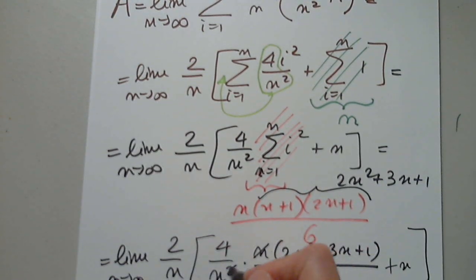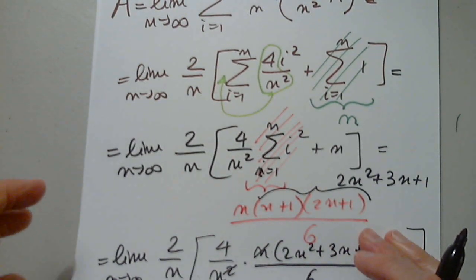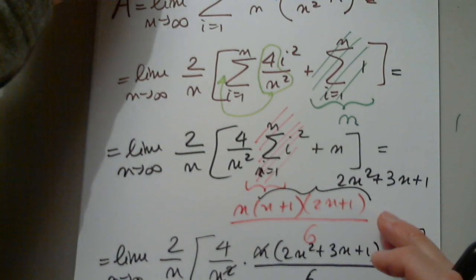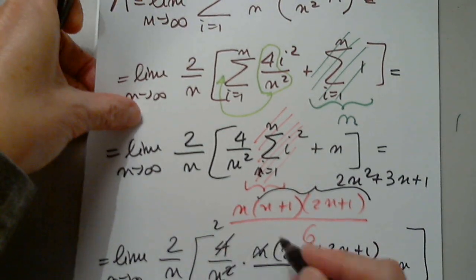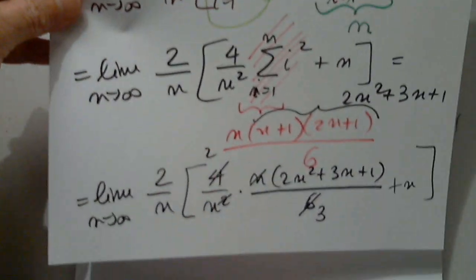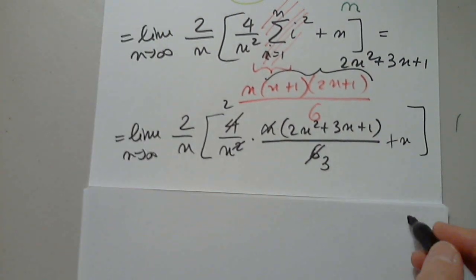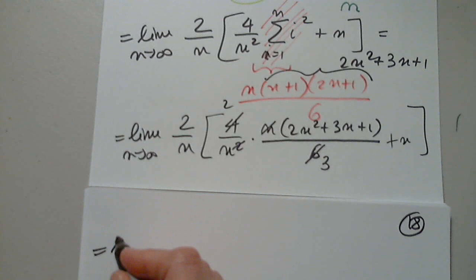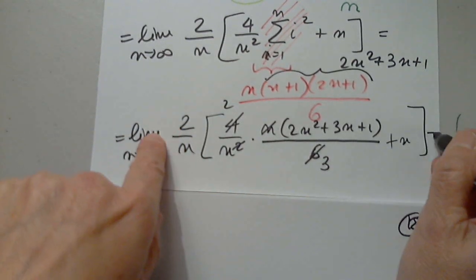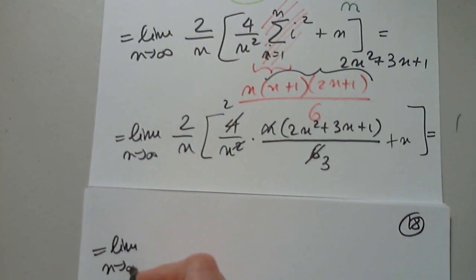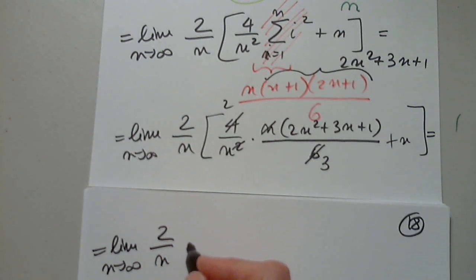And I will simplify an n with an n. I can simplify a 2 with a 2. Limit n approaches infinity 2 over n. Let me write it one more time so you can see what it is.